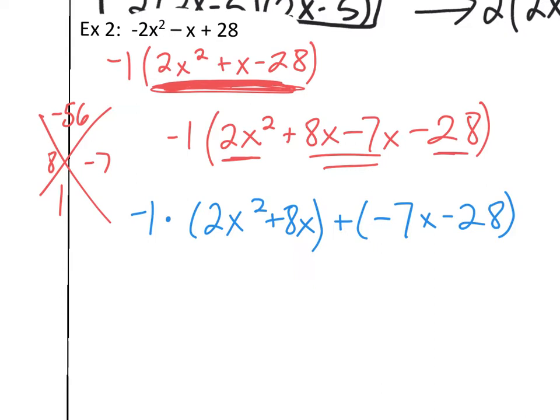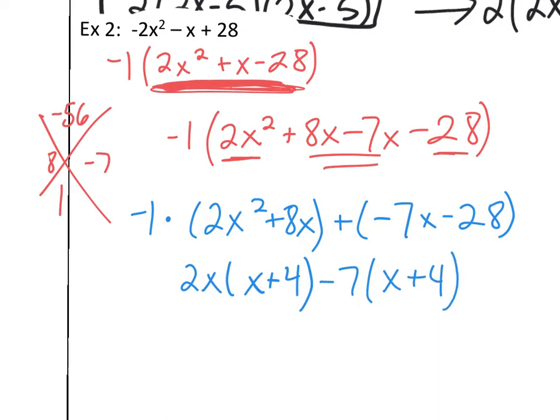What can I pull out of 2x squared and 8x? 2x. What's going to be left? X plus 4. And what about negative 7x and negative 28? Negative 7, and what's going to be left? X plus 4. Good. Don't forget about negative 1 out here.